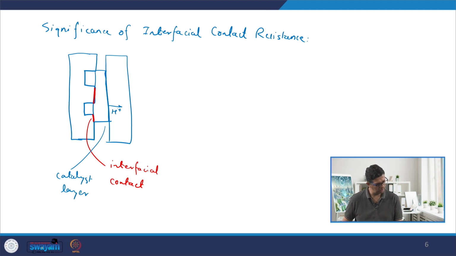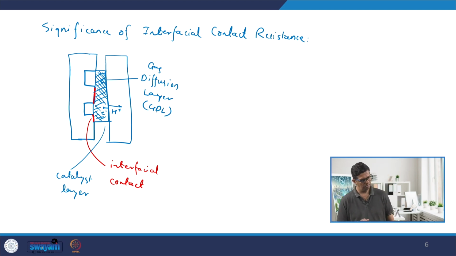Protons travel towards the bulk of the electrolyte, whereas electrons jump back from the triple phase boundary to the diffusion layer, the gas diffusion layer, which we call GDL. Once they reach it, they try to jump across this interface and get into the bipolar plate.